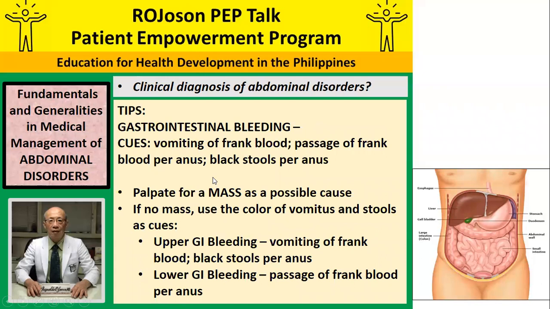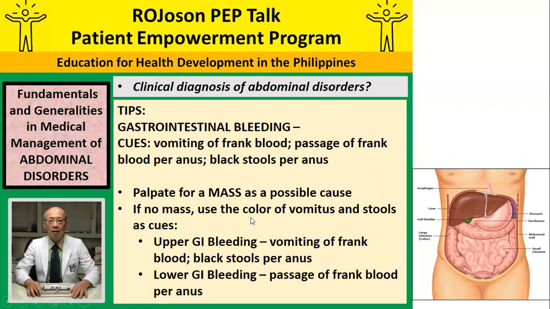For gastrointestinal bleeding, the cues will be the following: vomiting of frank blood, red blood, passage of frank blood, again, red blood per anus, black stools per anus. So the tips in evaluating persons with gastrointestinal bleeding: palpate for a mass as a possible cause.